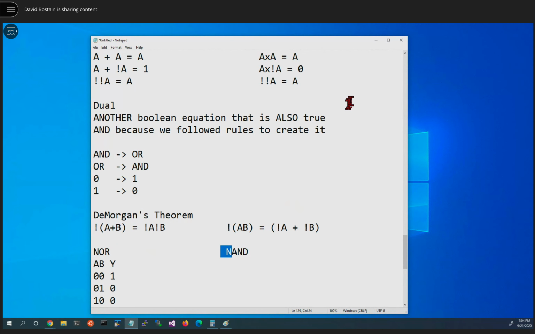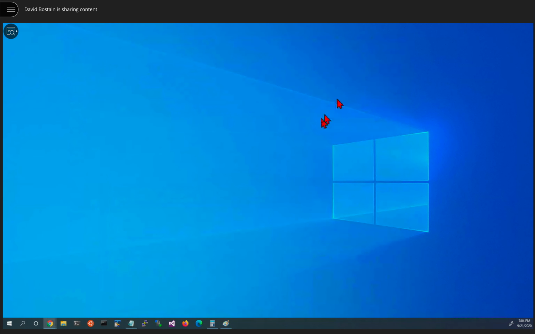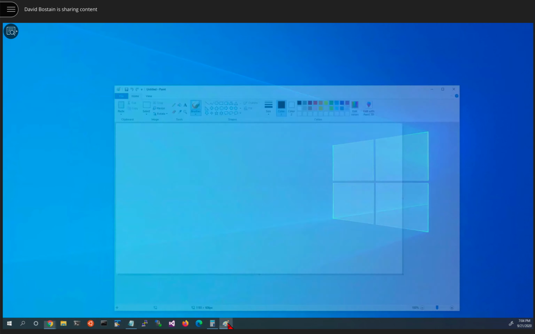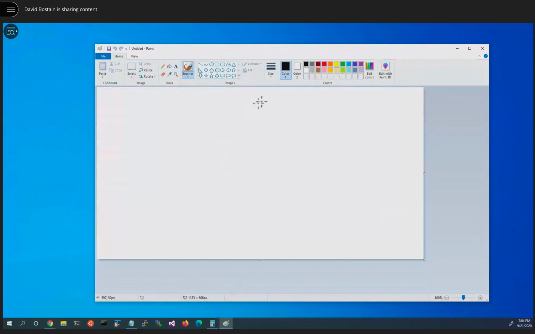So let's look at how some of these things might be schematically diagrammed. An AND gate is drawn like this. It's got a round nose and a flat bottom. It has two input lines coming into it and one output line. That's an AND.